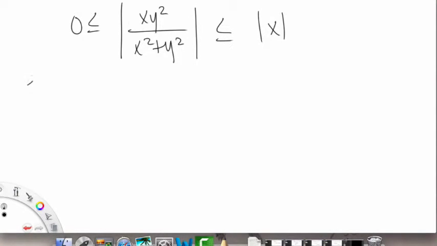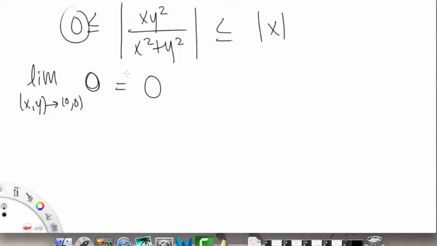So what I'm going to do is write the limit as (x, y) goes to (0, 0) of 0, that's of the left function here, okay? And this is just going to equal 0 because it's a 0 already.